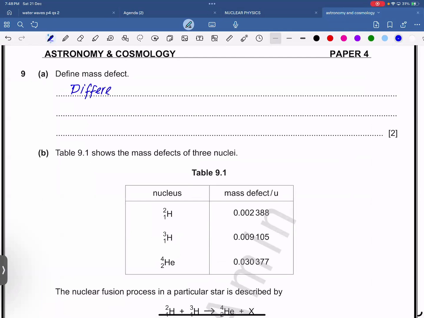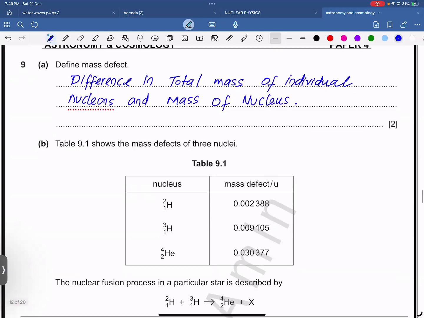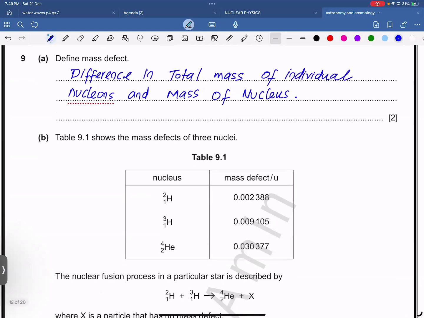Difference in total mass of individual nucleons and mass of nucleus. This difference is called mass defect. Fine. Individual, separate, any word could be used.